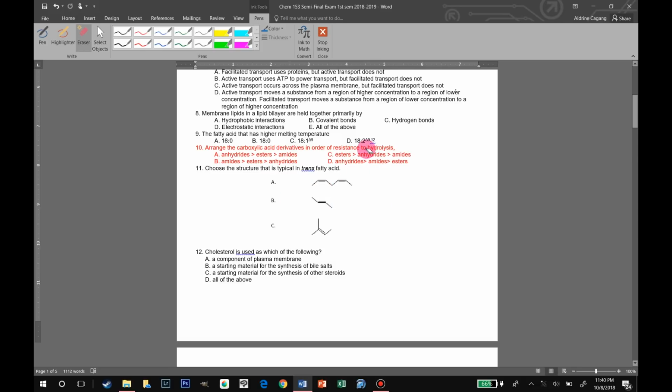Number 12, cholesterol is used as which of the following? So this one is asking for the function of cholesterol in your body. Letter A, it is a component of plasma membrane. Letter B, a starting material for synthesis of bile salts. Letter C, a starting material for the synthesis of other steroids. And letter D, all of the above.